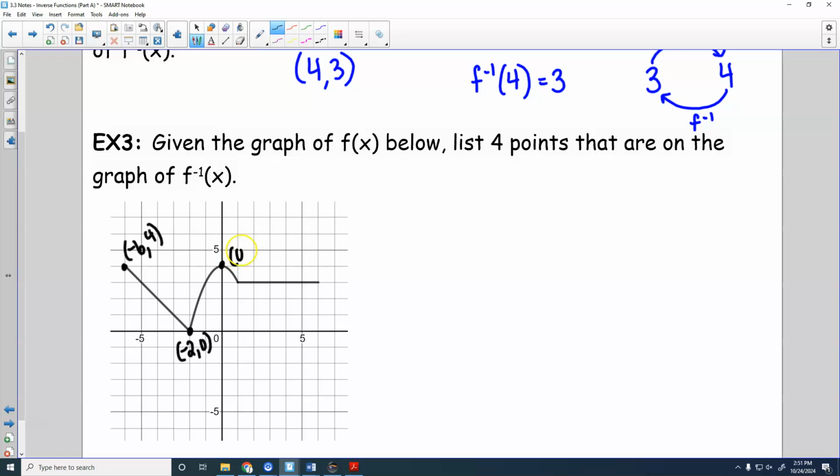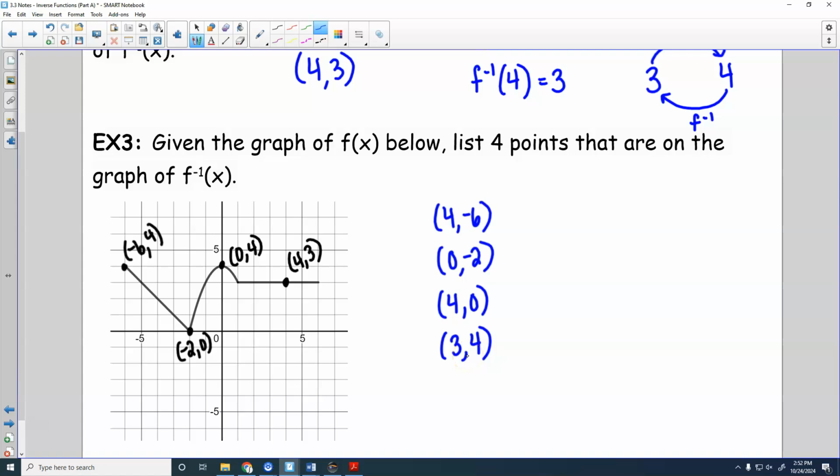Right here you've got (0, 4). Pick one out here: this is (4, 3). Those are all on f of x, right? So the points on the inverse would be (4, -6), (0, -2), (4, 0), and (3, 4).